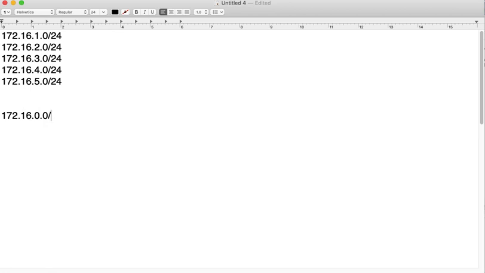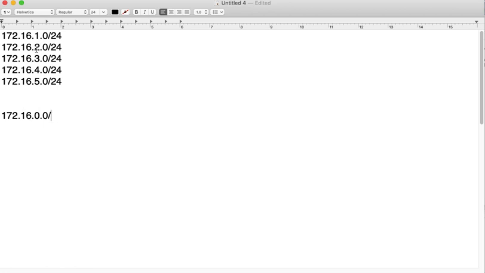The question is, how do we figure out what we need to put? I'm going to show you two different ways to do it. One of the ways is using the block size, which we've learned how to subnet using from the www.learntosub.net site. So if we want to do it that way, we need to figure out the block size that will represent how many networks we have.